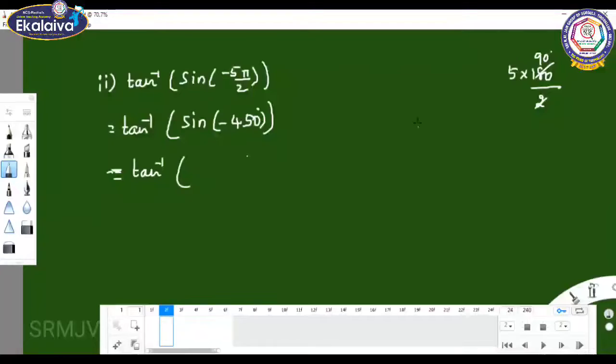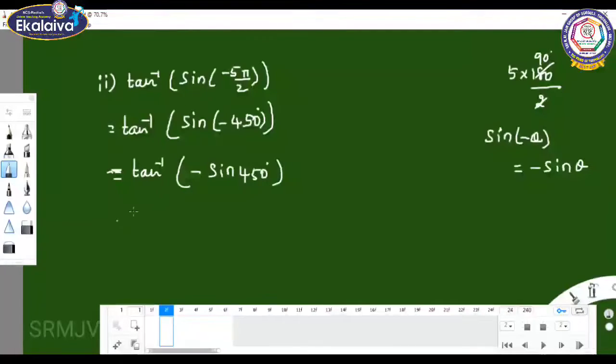Sine of minus theta, what is the value of sine of minus theta? It gives minus sine theta. So minus sine 450 degree.